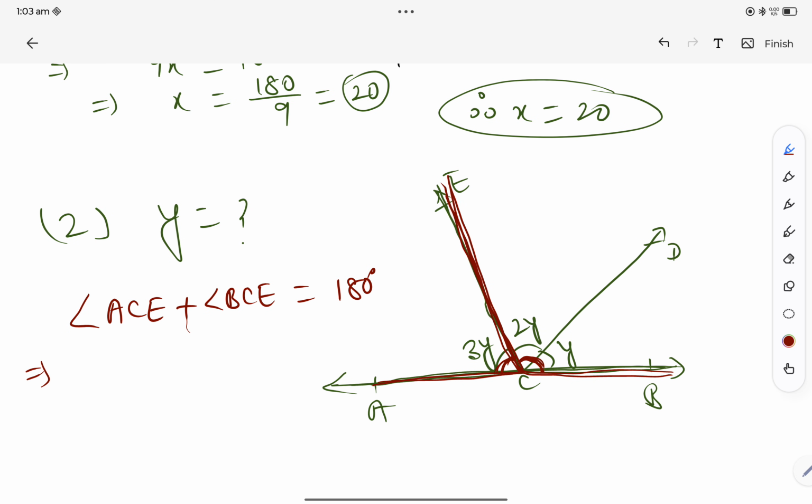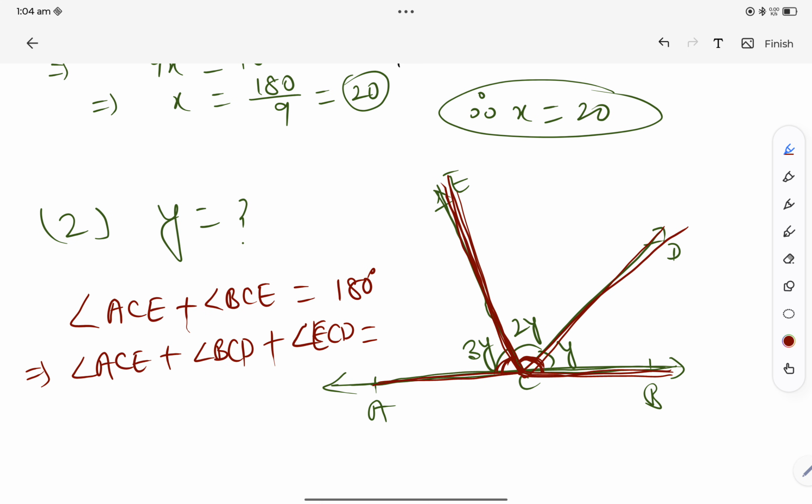Now we have ACE, but you see that this BCE can be written as BCD plus ECD. So let's see, BCD this angle and ECD this angle, and the sum is 180 degrees.